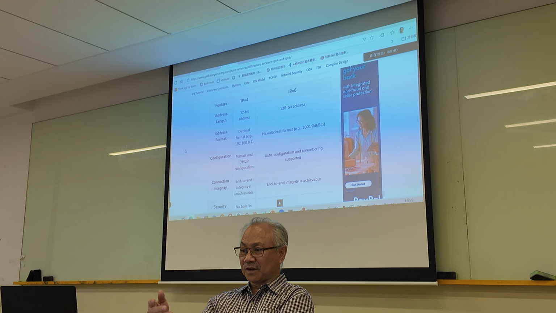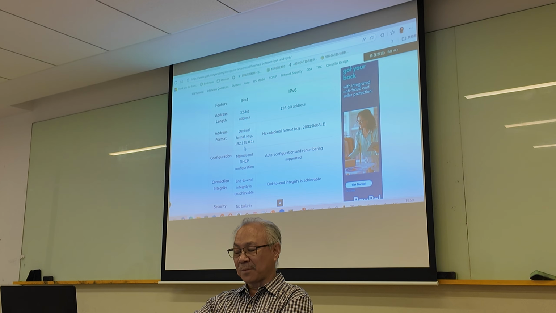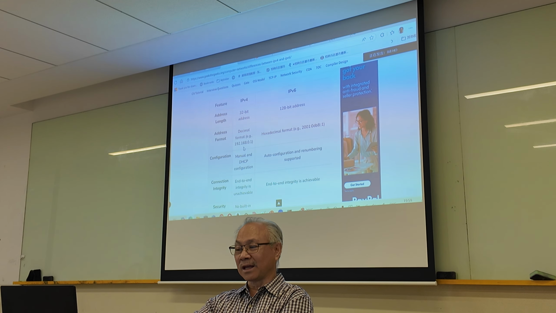So these are the differences, I mean the length of the addresses. The addresses for IPv4 are decimal, 0 to 9.